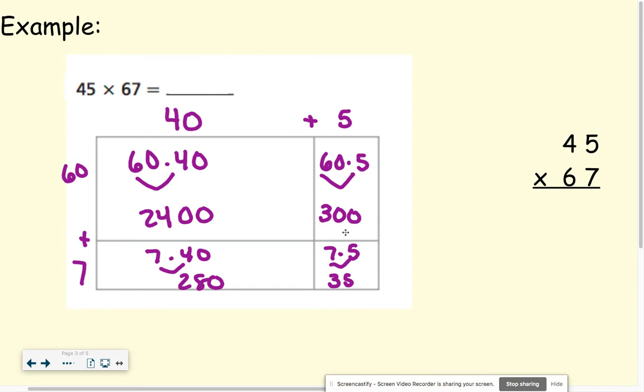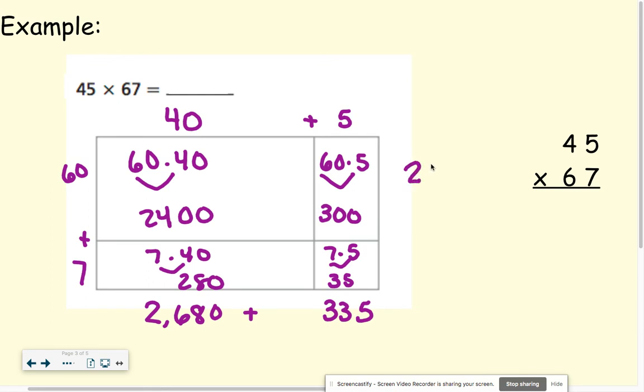I like to add my columns together. So 300 plus 35 is 335. 2,400 plus 280 is 2,680. Once I get those, it's easier to add our next amounts together.